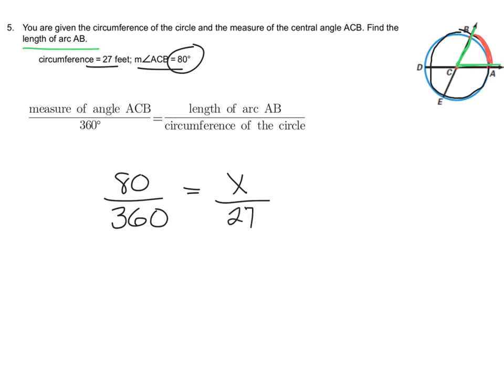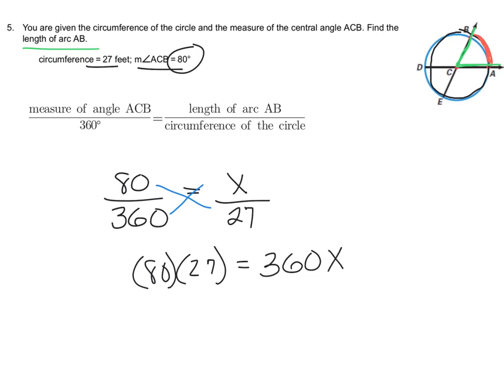In order to solve proportions, you just cross multiply. So I'm going to multiply the 80 times the 27, and then that equals the multiplication of the other diagonal, which is 360 times X. 80 times 27 is 2,160.